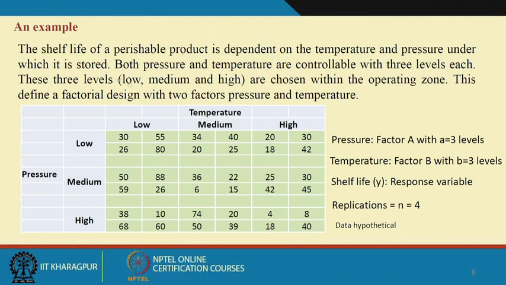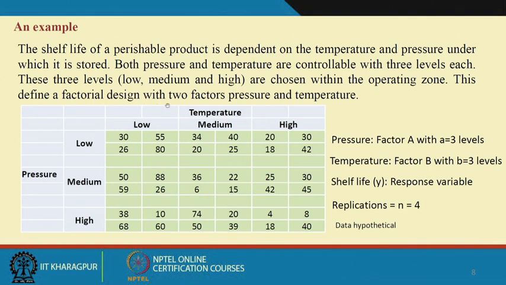So, there are two controllable factors, temperature and pressure, which govern the shelf life. Both pressure and temperature are controllable with 3 levels each: low, medium, high and low, medium, high. These 3 levels are chosen within the operating zone. It must be in the operating zone.